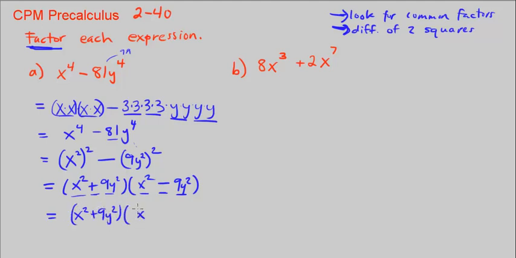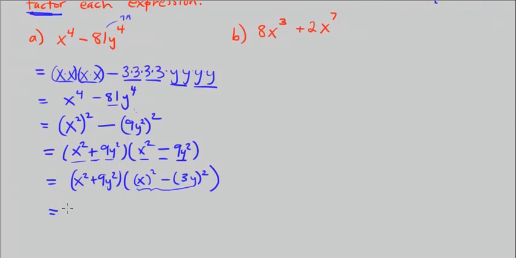This is just going to be x squared minus 3y squared, okay? So this gives us another difference of squares, and we know that that's going to turn into adding and subtracting those terms. So that's going to be x plus 3y and x minus 3y.